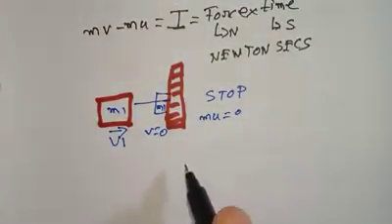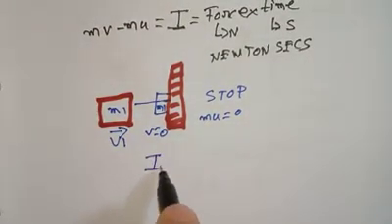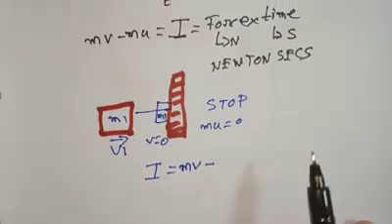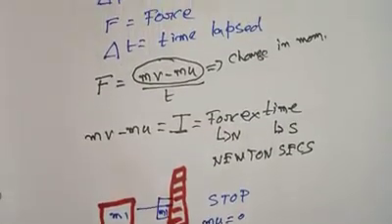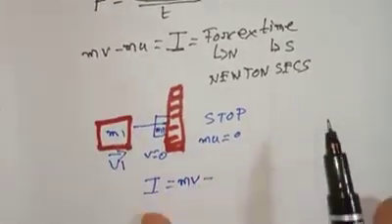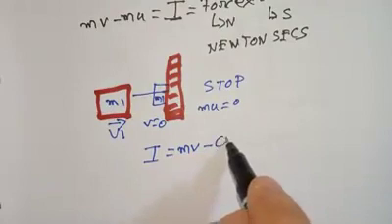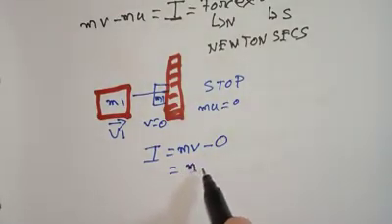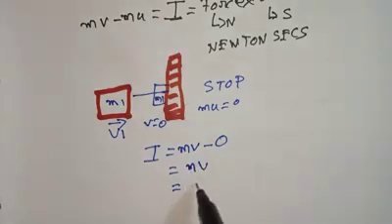So from here we get I equals mv minus mu. We have seen this equation. But mu is 0, so we put 0, and what we get is mv. And mv equals force times time.